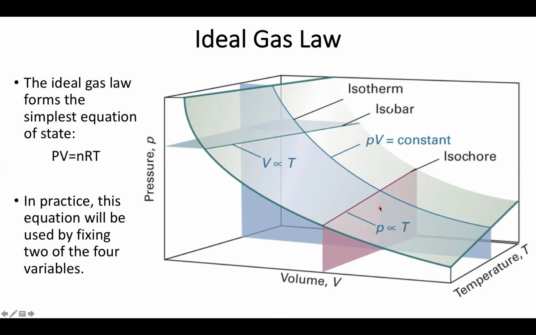And one can think of this as when I have a free gas, it's going to exist somewhere on this three-dimensional curve of pressure, volume, and temperature. And by keeping one of these variables constant, I go from a full messy three-dimensional picture, which I have a hard time imagining or describing, to a much simpler two-dimensional line graph, where I'll have a simpler relationship between volume and temperature, pressure and volume, or pressure and temperature.